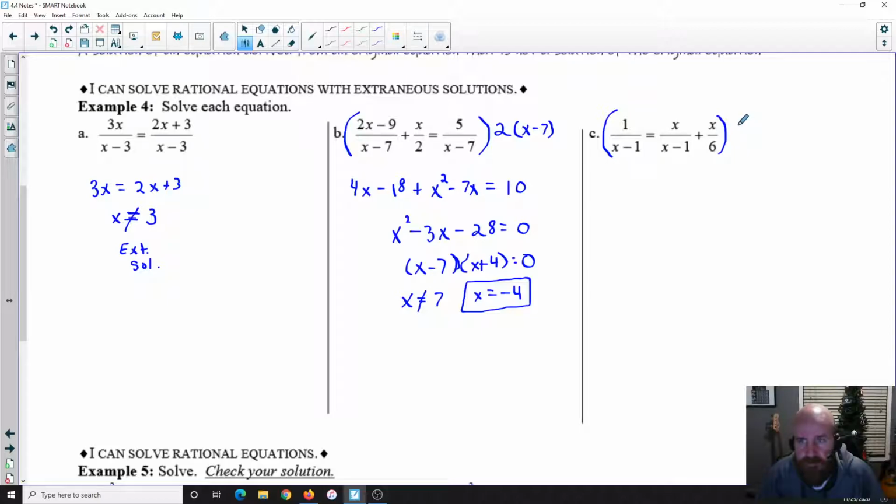All right, another one to try here. So 6 and x minus 1 would be the least common denominator. Multiply it through, we get 6 there, 6x, and x times x minus 1.